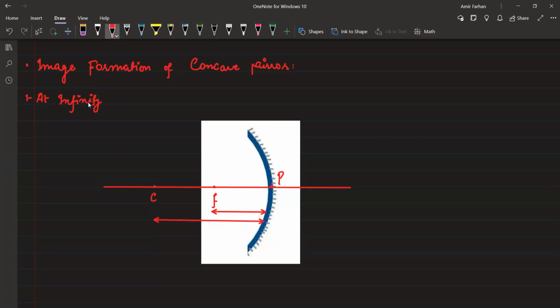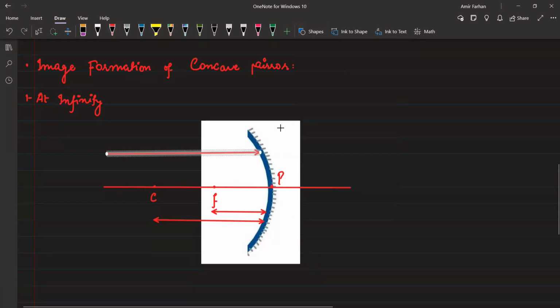So from infinity, what kind of ray will come from an object? Can anybody tell me? Whenever your object is placed at infinity, your ray will be parallel to the principal axis, okay?